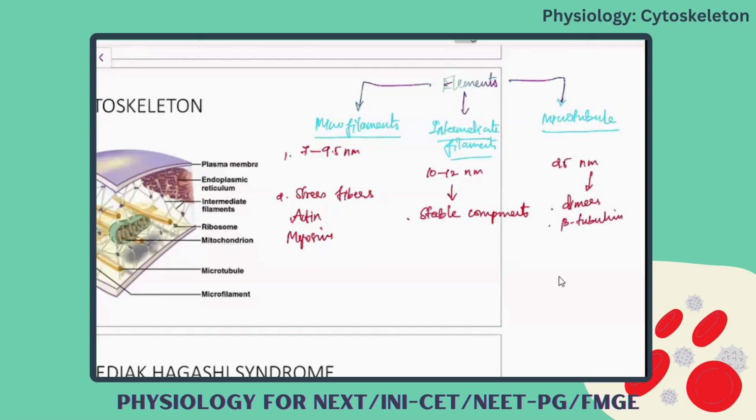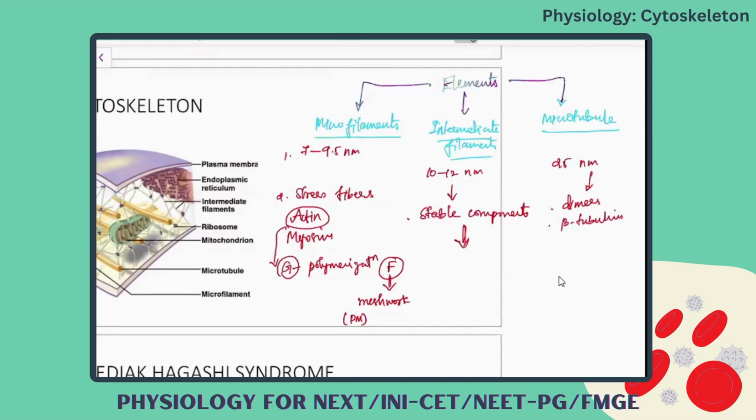One more thing about microfilaments: this actin, you have G-actin, which is required for polymerization and is converted to F-actin. This F-actin remains as a meshwork in the plasma membrane.